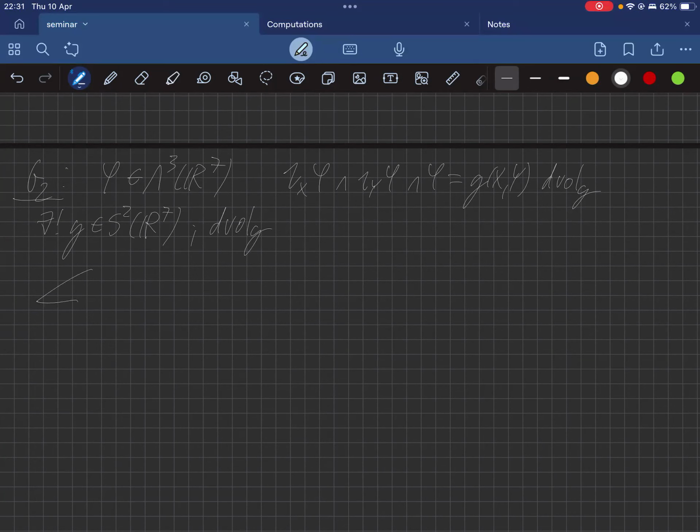And one of three things can happen. Either your volume form is degenerate, it has degenerate directions, so it's not actually a volume form, or it's not degenerate, and then g is also non-degenerate and has signature (7,0), or g is non-degenerate and has signature (3,4).